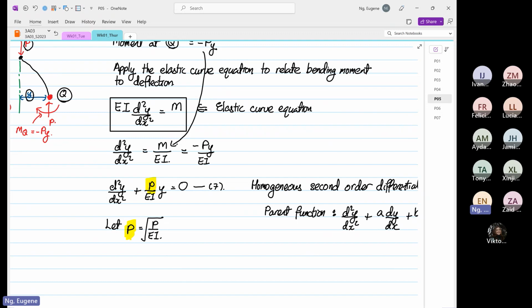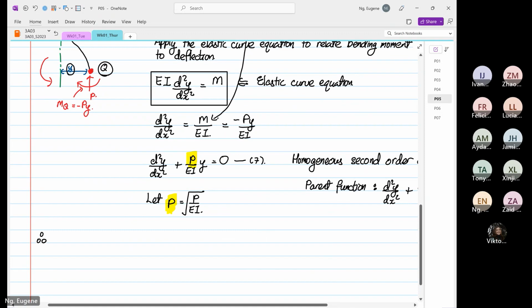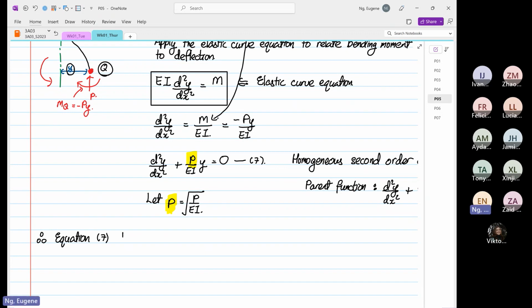Therefore, equation number 7 becomes d squared y over dx squared plus small p squared multiplied by y equals 0.